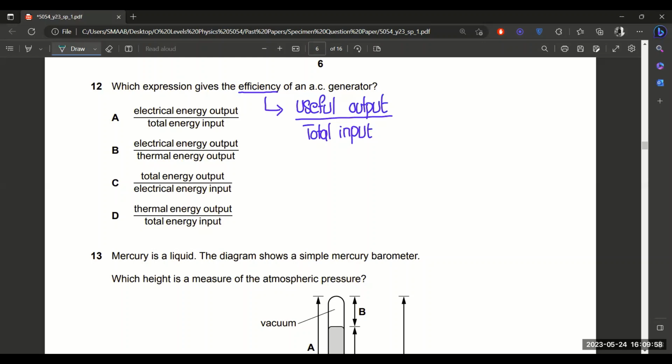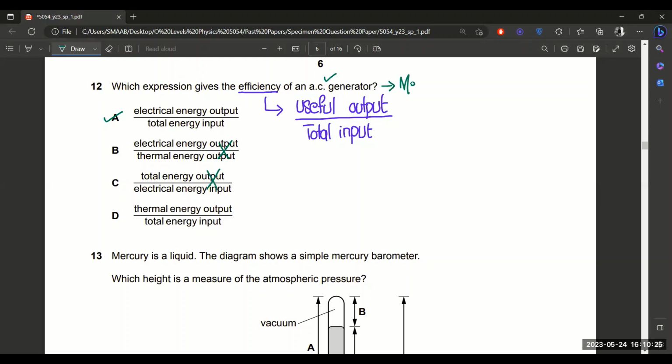Let's check out electrical energy output. Okay, so we are using an AC generator, and the purpose of an AC generator is to convert mechanical energy into electrical energy. So option A is possible. Let's check out the other option. Electrical energy output, thermal energy input. Sorry, thermal energy output. So output not possible. And total energy output, electrical energy input. No, that is also not possible, because an AC generator converts mechanical energy.